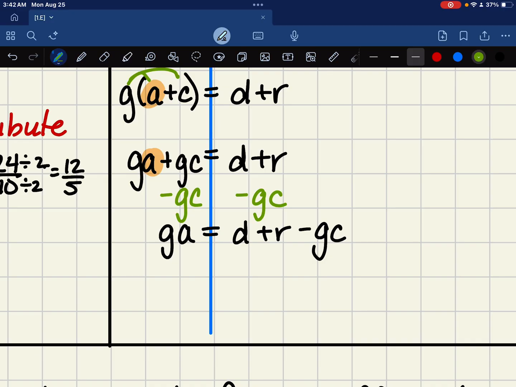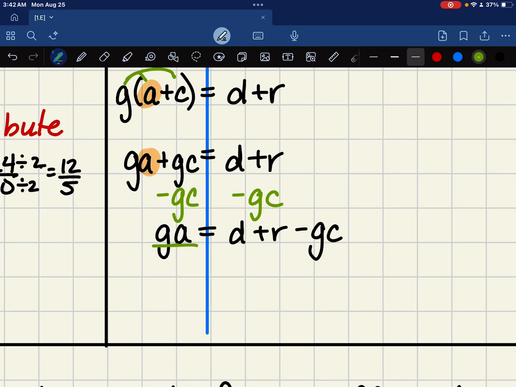And then one last thing I could do here to get rid of the G, I just divide it out, right? Okay, so when I do that, the G's cancel out on the left. And then on the right, I'm left with just this fraction. I have two choices.